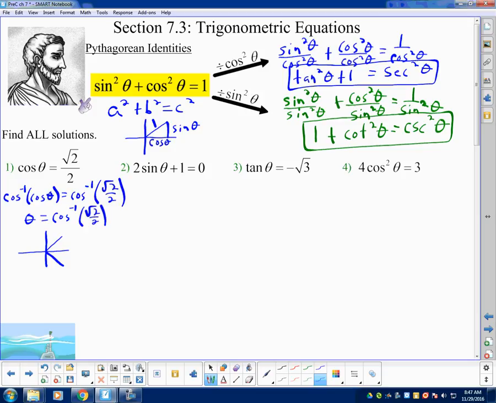So the first one here would be pi over 4, right? So one solution is pi over 4 plus 2 pi times k. Or, down here, if I go all the way around this way, 7 pi over 4 plus 2 pi k. And somehow, we probably should state what k is, because k could be anything.